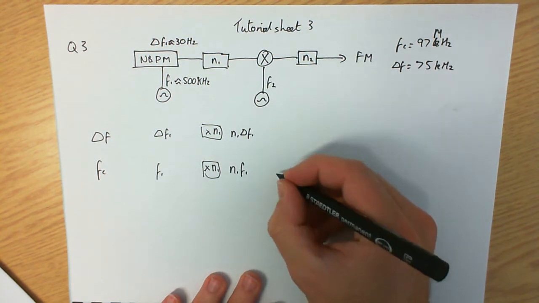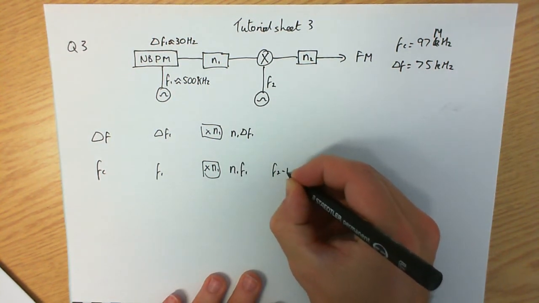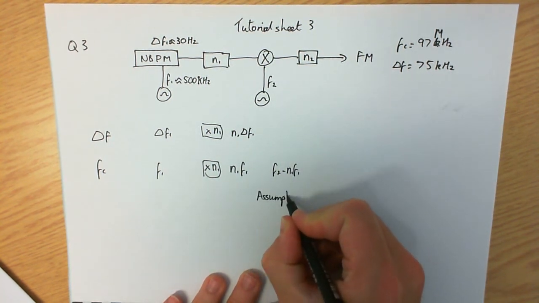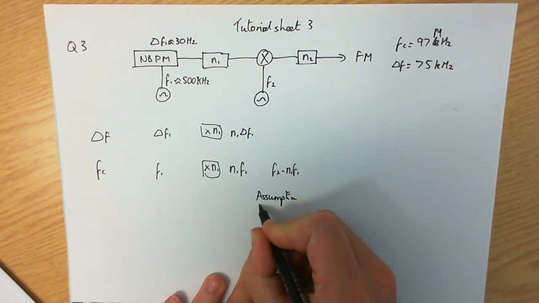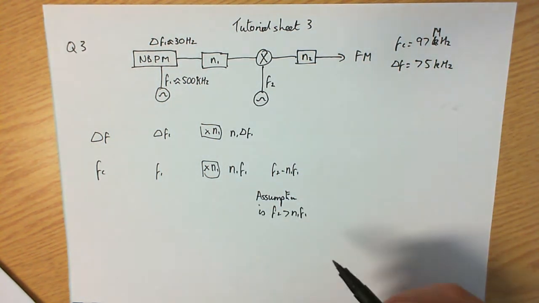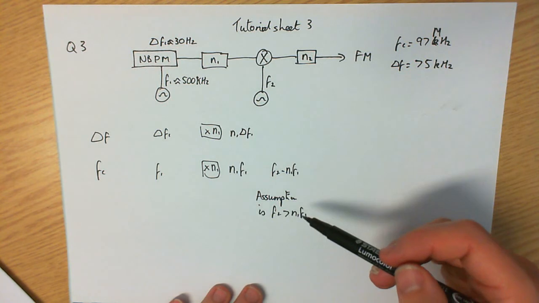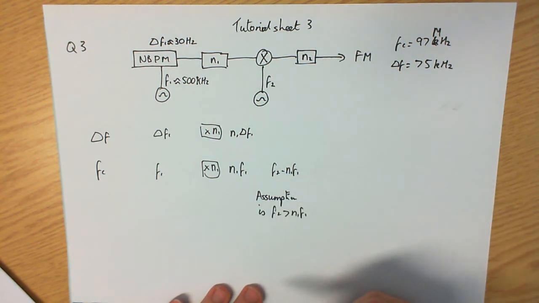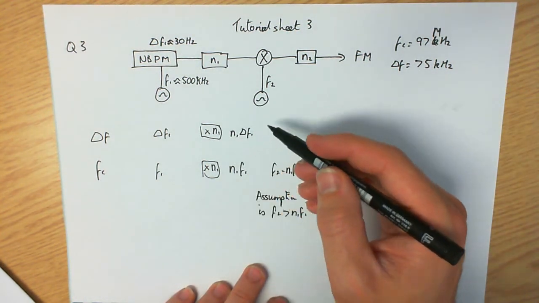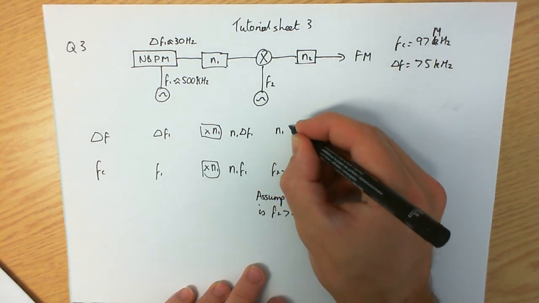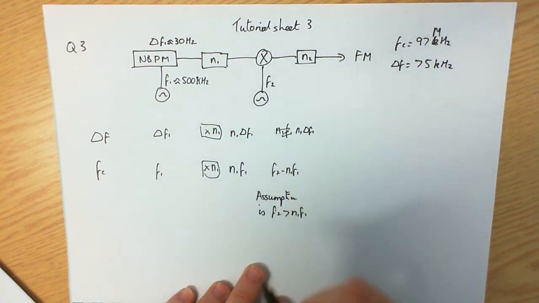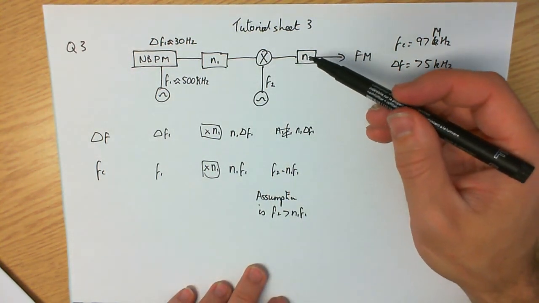So at this point we're going to have F2 minus N1 F1, and the assumption is that F2 is greater than N1 F1. It doesn't have to be, but that's the assumption we're making in that particular situation. But this mixing process does not change the frequency deviation, so that frequency deviation is still N1 delta F1.